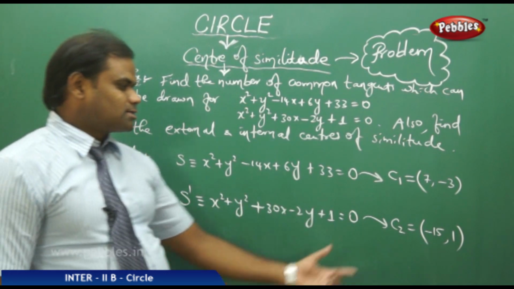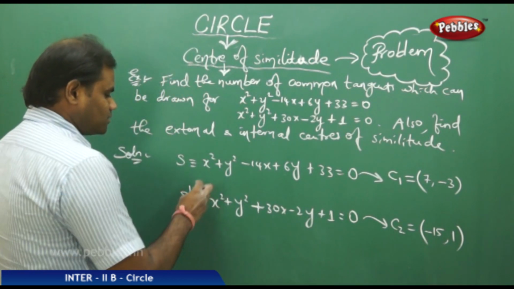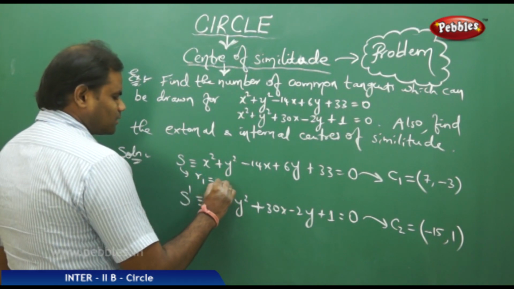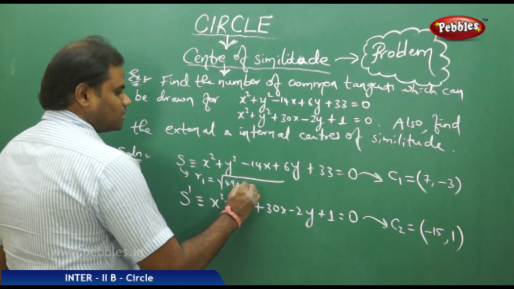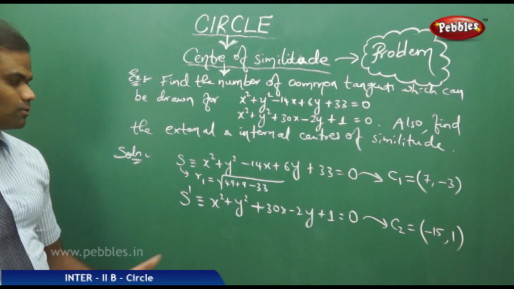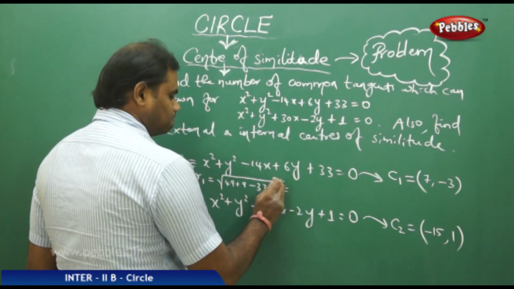Now that we know the centers of each of the circles, the question is finding the radius of each of the circles. If the radius of this circle is r1, then it is root of g squared plus f squared minus c. So root of g squared plus f squared minus c is the formula.